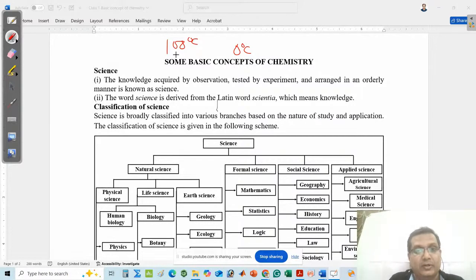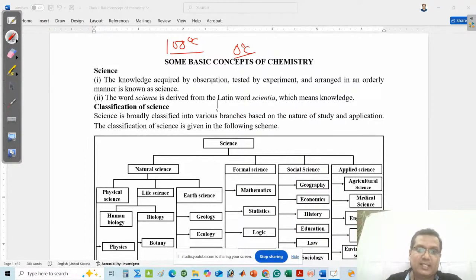concluded by someone. The person must have done an experiment. After doing the experiment, he observed it, and he got the conclusion. After getting the conclusion, he or she can say water boils at 100 degrees centigrade and water freezes at 0 degrees centigrade.